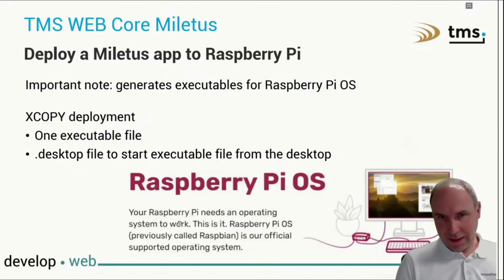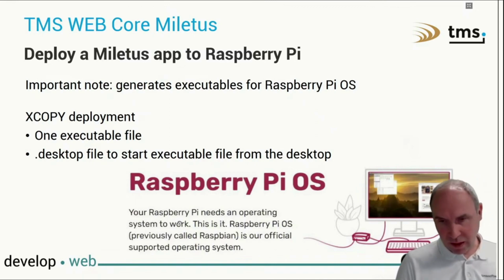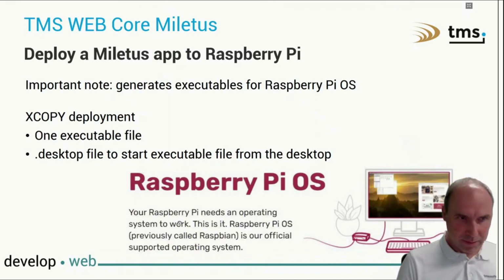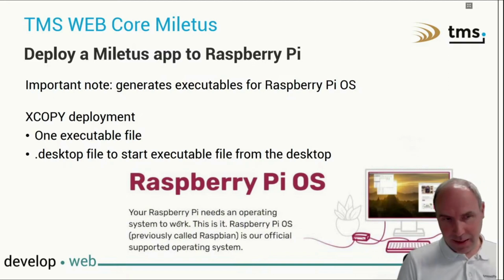If you want to deploy a Miletus application to the target operating system, or more specifically to the Raspberry Pi for this webinar, this is done simply by Xcopy deployment.